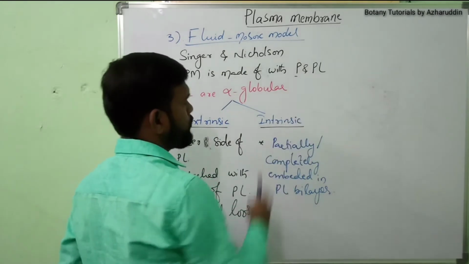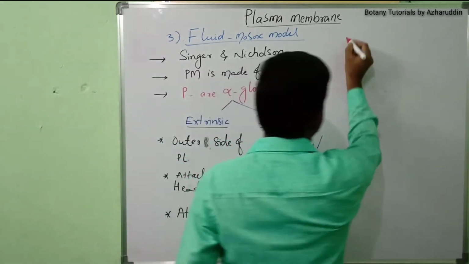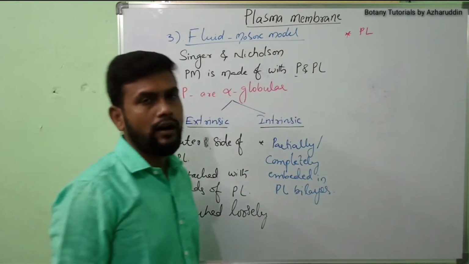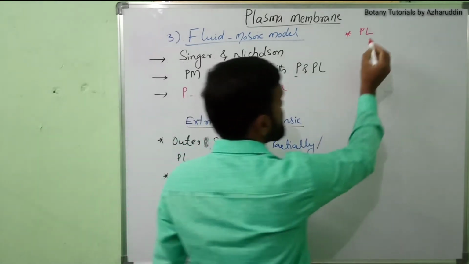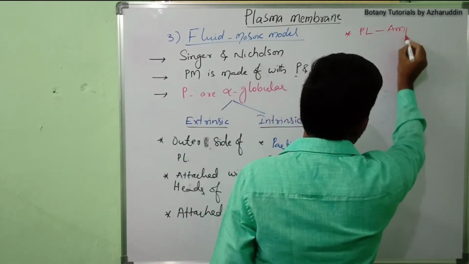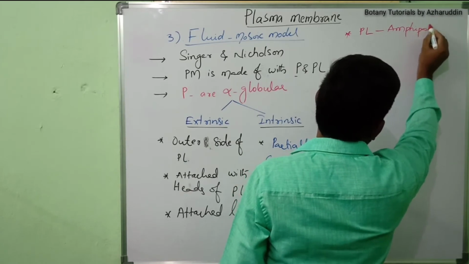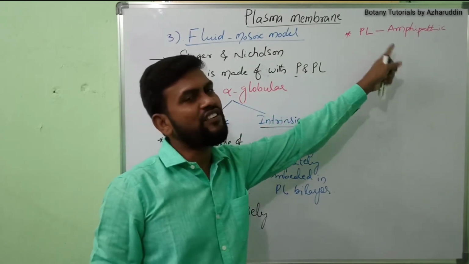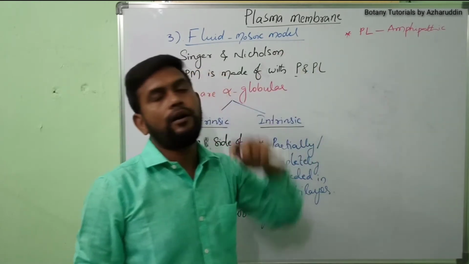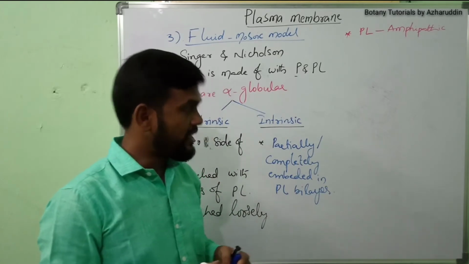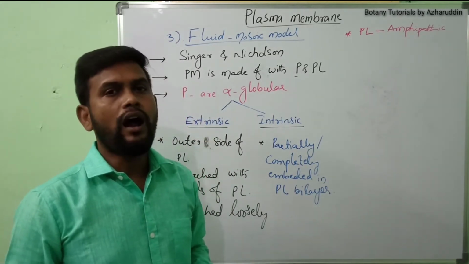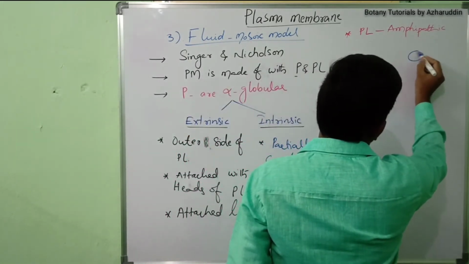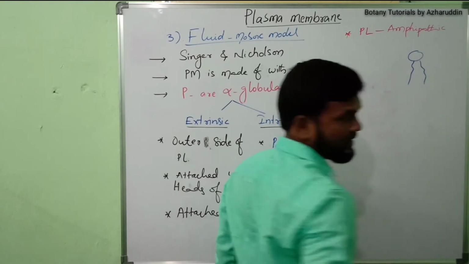Next, coming to phospholipids. Generally phospholipids are amphipathic. What is meant by amphipathic? Already we discussed the amphipathic character of phospholipids. That means they exhibit two characters, hydrophobic and hydrophilic. Phospholipids contain a glycerol head and two fatty acid chains.